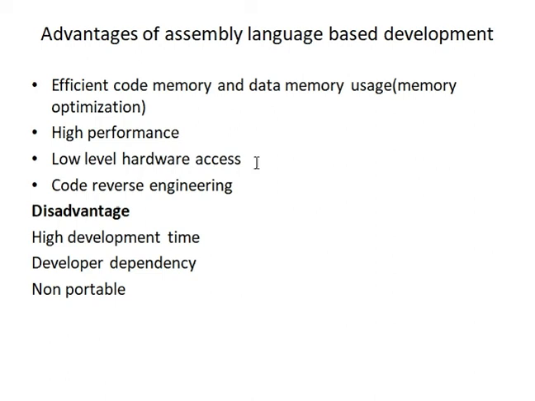So assume that you have a separate hardware, a nested vectored interrupt controller, which is extra hardware in your Cortex M3 controller. The job of this controller is to ensure that when you have multiple interrupts, they are handled based on the priority set.